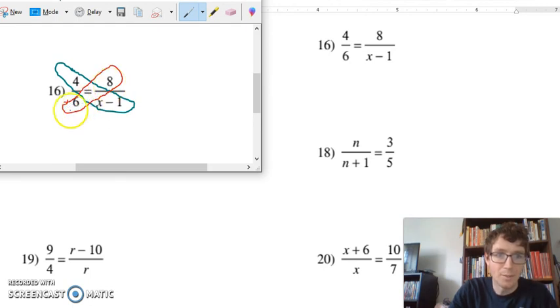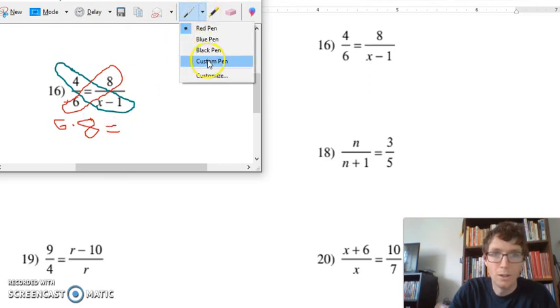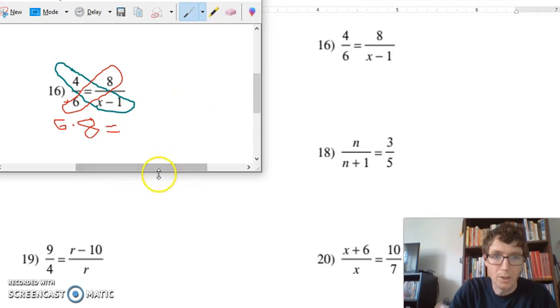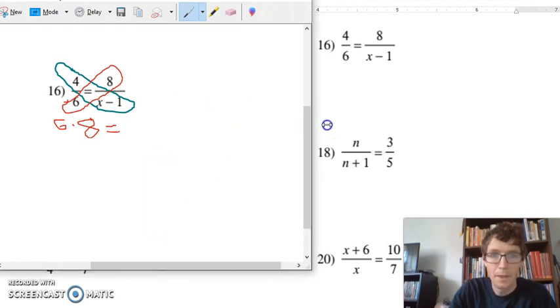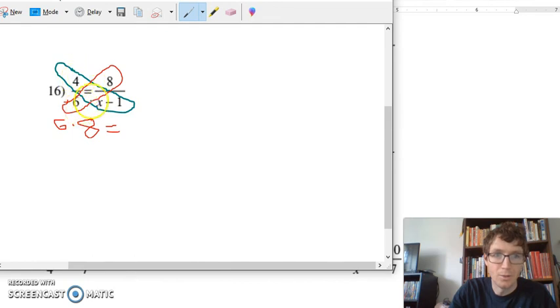Okay, so 6 times 8 is equal to 4 times x minus 1. So we can go ahead and solve 6 times 8. What does that give you? That gives us 48.